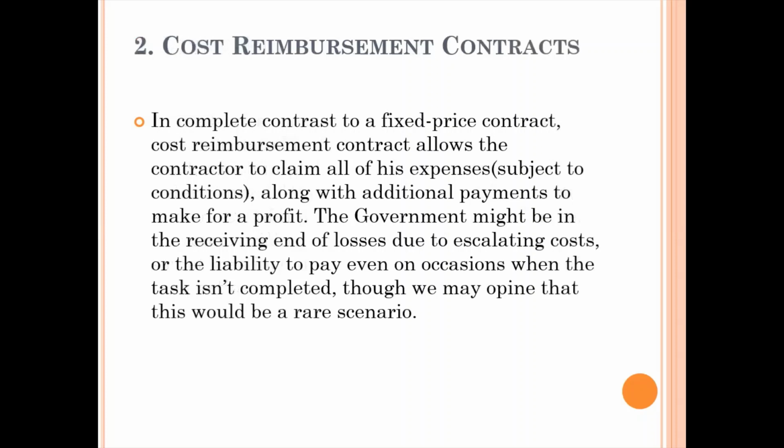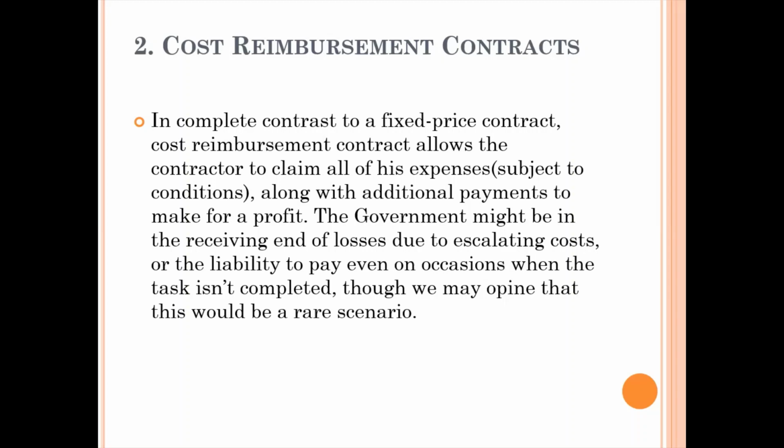The second one is cost reimbursement contracts. In complete contrast to a fixed price contract, a cost reimbursement contract allows the contractor to claim all his expenses, subject to conditions, along with additional payments to make for a profit.